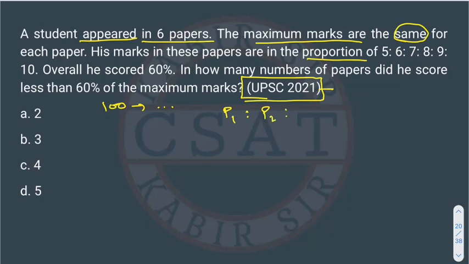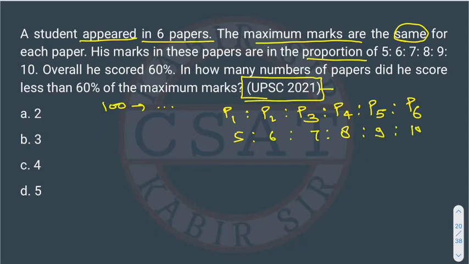If you remember ratio and proportion, we write it like this. How many subjects are there? 6. And he is getting marks in the proportion of 5 : 6 : 7 : 8 : 9 : 10. If we want to remove the proportion sign, what do we do?